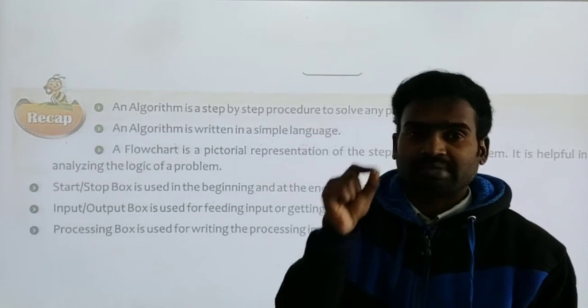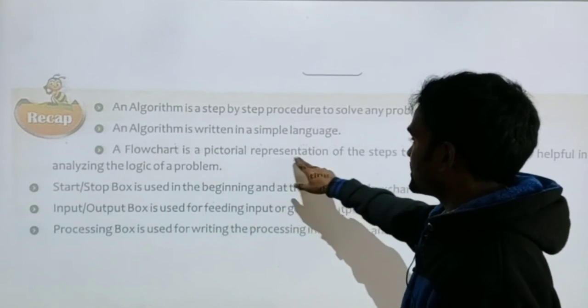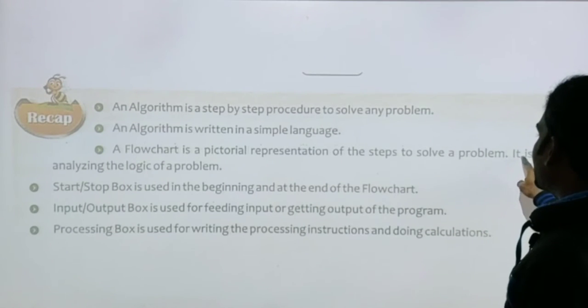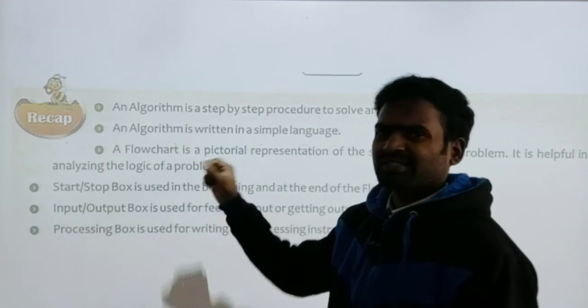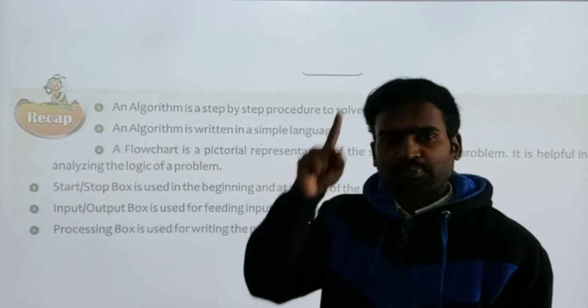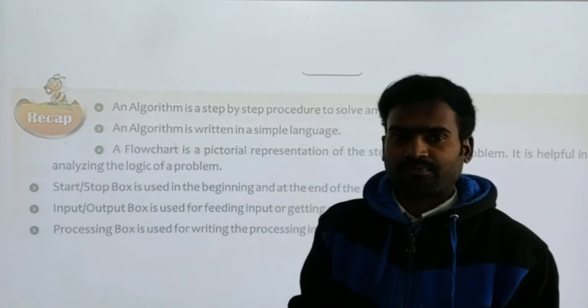A flow chart is a pictorial representation of the steps to solve any problem. It is helpful in analyzing the logic of a problem. It is very simple, as I was telling in the previous slide. It is a picture, a diagram, so with that we can easily identify.